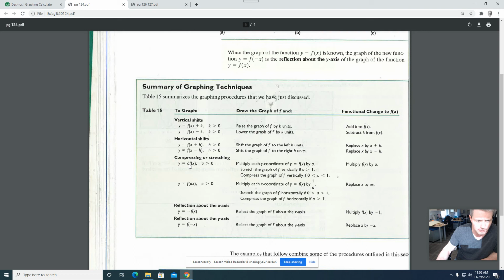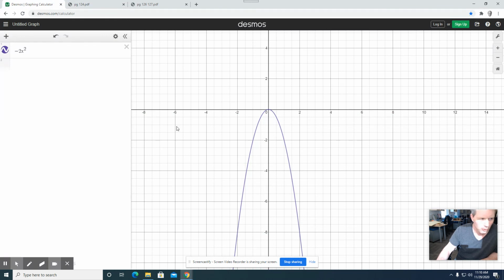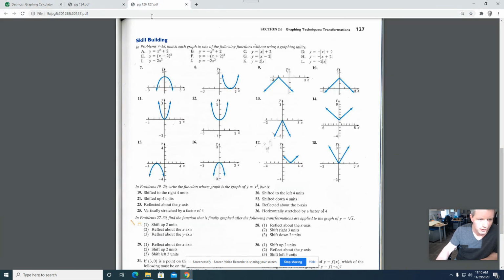I've multiplied my function by a constant a, where a is greater than 0, and then they give the rules right here. You stretch the graph of f vertically if a is greater than 1, and you compress the graph of f vertically if a is between 0 and 1. So 0.5, 0.25, etc. And so that is what we have here.